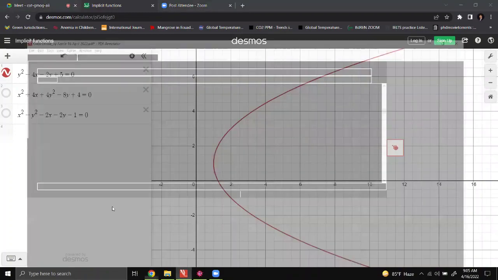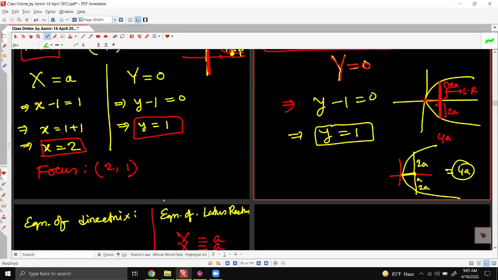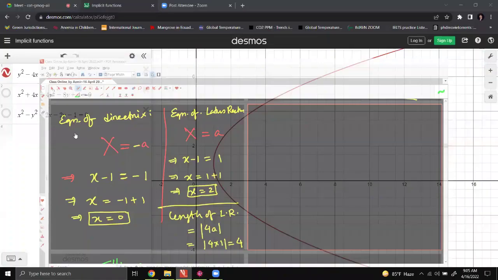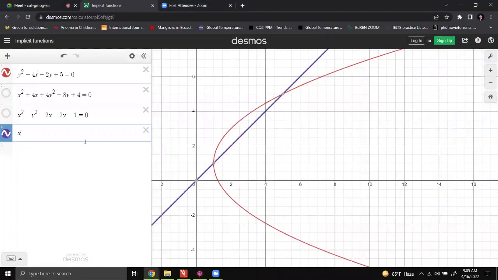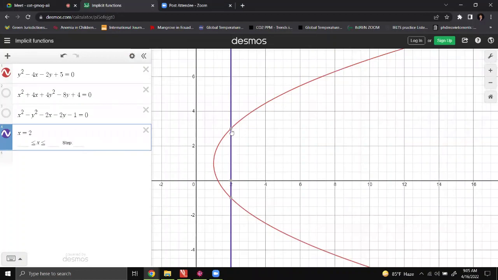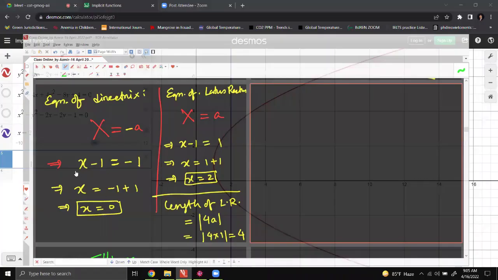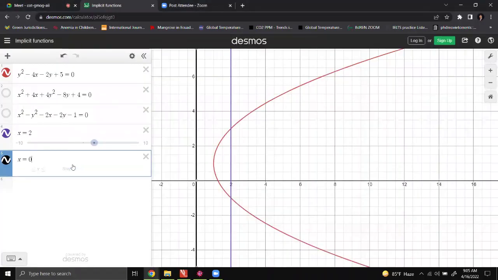And from the focus, we will have the equation of latus rectum. The latus rectum will be at x equals 2. So if we draw x equals 2, then you will get the latus rectum. We have the directrix. The directrix is at x equals 0. So let us draw x equals 0.